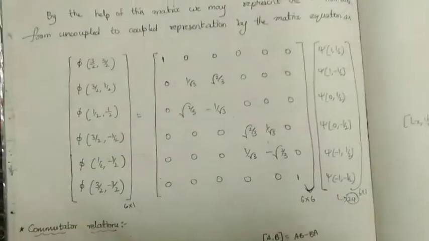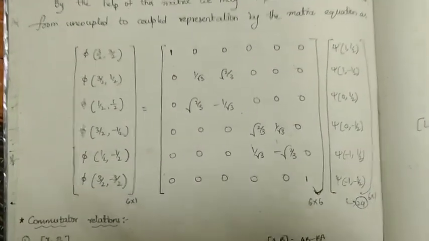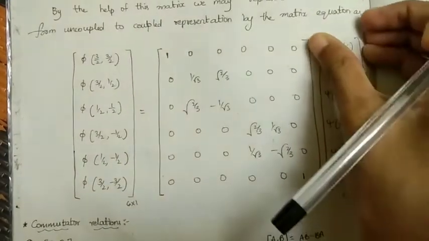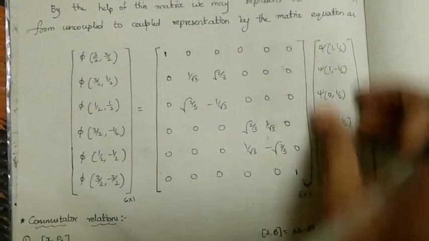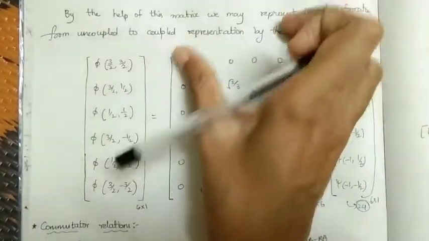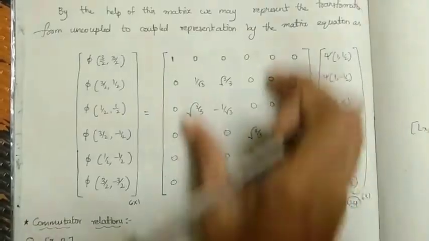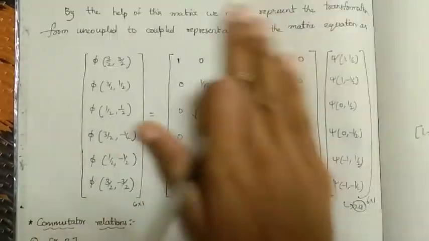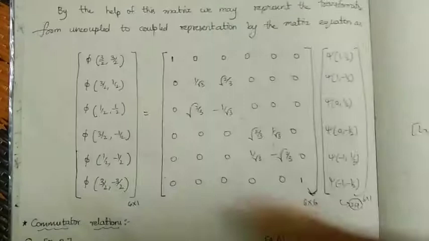So this is nothing but expressing these equations in matrix form. This is the matrix form of those equations. Thus this uncoupled form is converted to the coupled form by multiplying with this transformation matrix. So this is the Clebsch Gordan coefficient matrix.